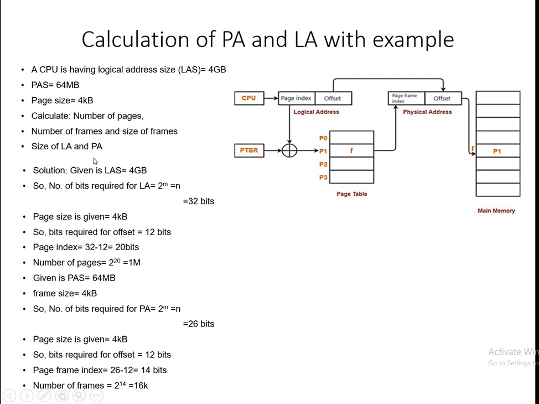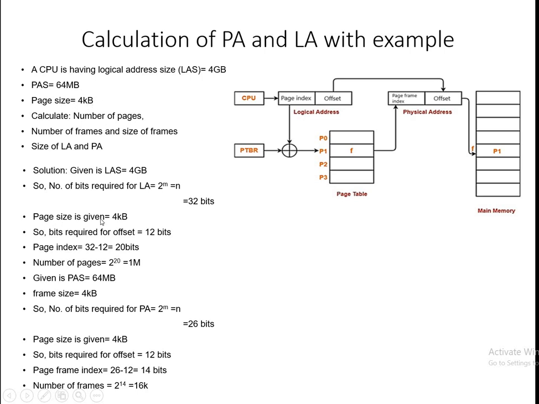Till now we have calculated the number of bits required for the logical address, which is 32 bits. Out of these, some bits are reserved for the offset. As given in the problem, the page size is 4 KB, so the size of one page is 4 KB. First of all we will calculate how many bits are required to assign the page size of 4 KB.